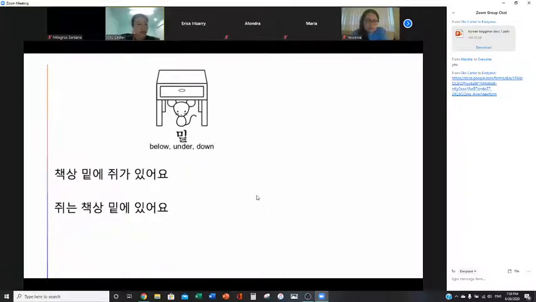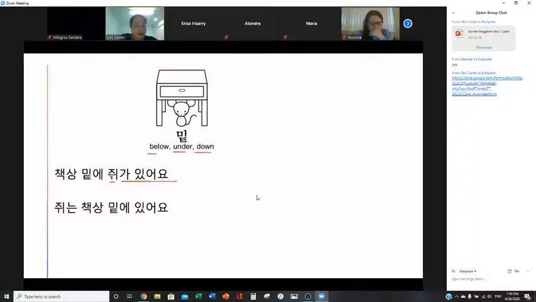밑 is below, under, or down. So 밑에, 에 was used to make a location marker, and the animal, this is 쥐. 쥐가 있어요. We just learned that 있어요 is there is, or I have.